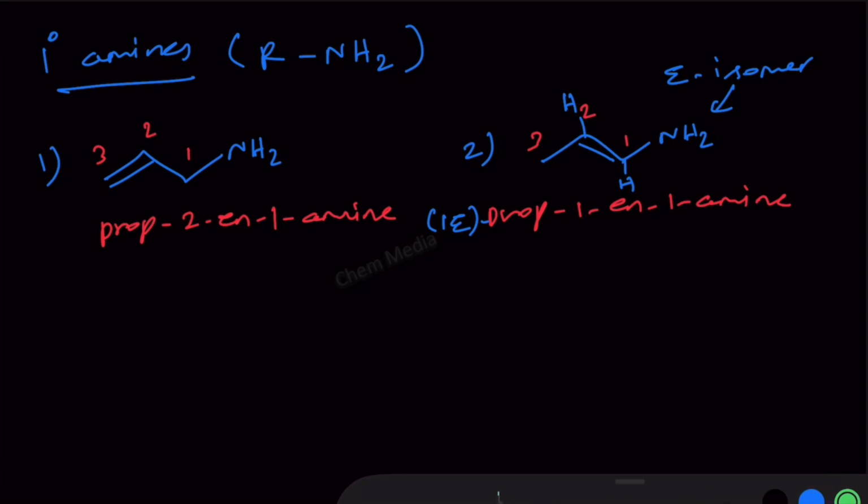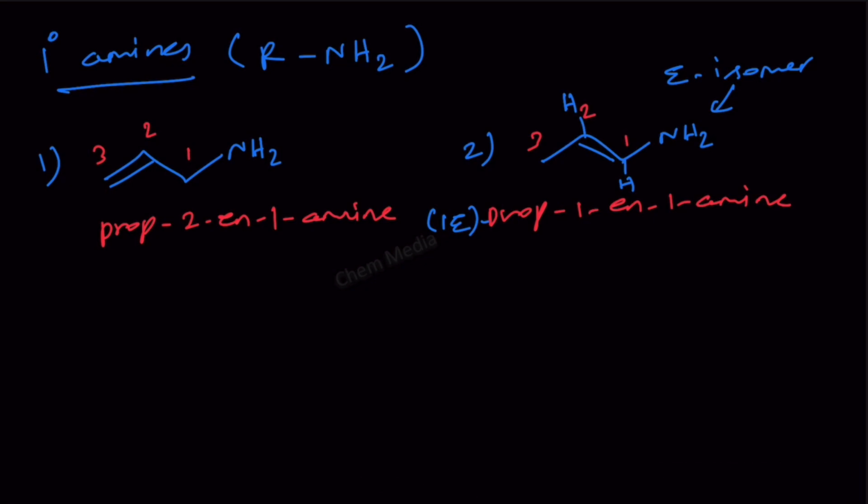Because if you assign priorities as per the Cahn-Ingold-Prelog rules, then on this side of the double bond, carbon gets the high priority and hydrogen gets the low priority, because the atomic number of carbon is higher than that of hydrogen. On the other side of the double bond, nitrogen gets the top priority and hydrogen the least priority.